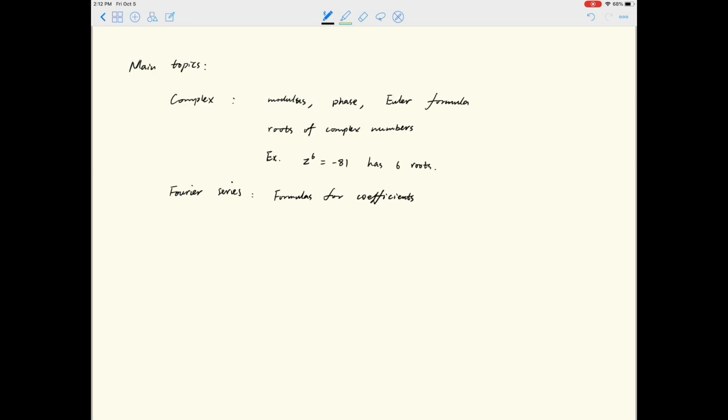We also talked about the sine and cosine series, cosine-sine series for even and odd functions. We also talked about cosine, sine series with phase angles.